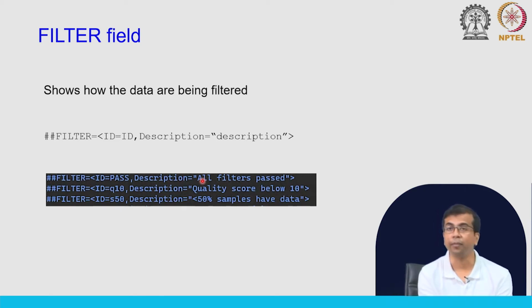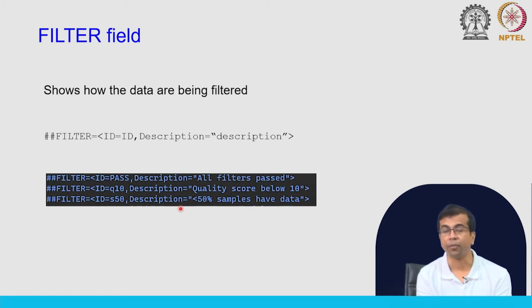But then we also describe ID equals Q10, quality score below 10. This is given in the description, you can see quality score below 10, then we use this Q10. So, if a variant does not pass this filter, we will just mention Q10. We had one example where the quality score was below 10, so we use the filter Q10. Similarly, we have this filter ID S50.